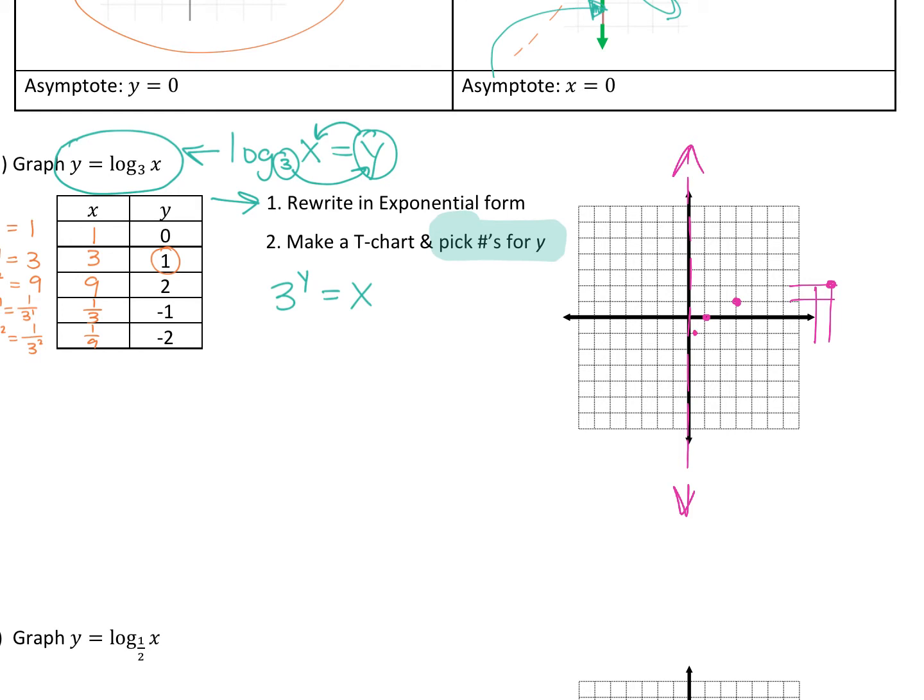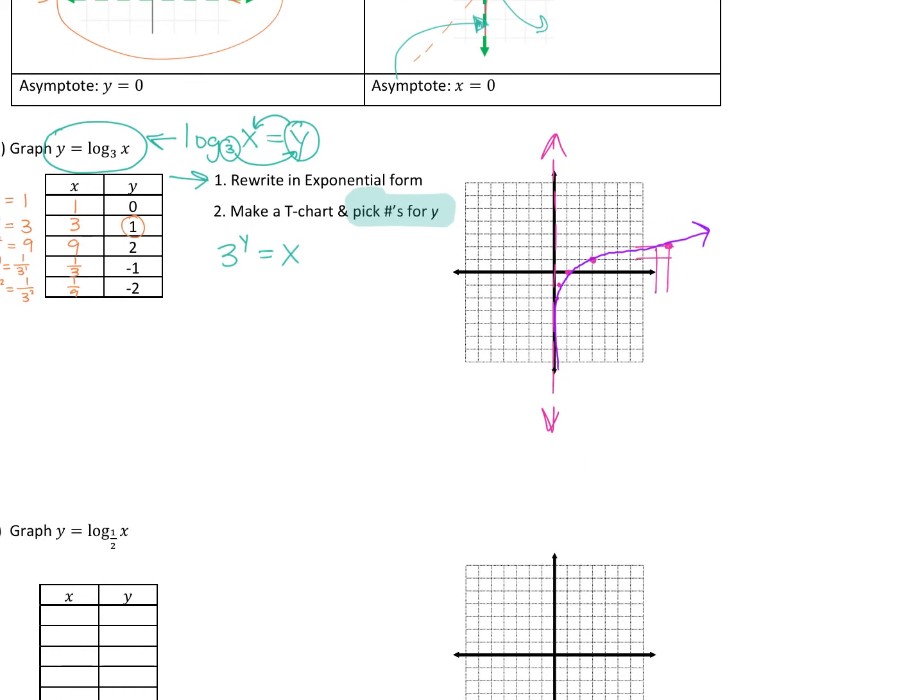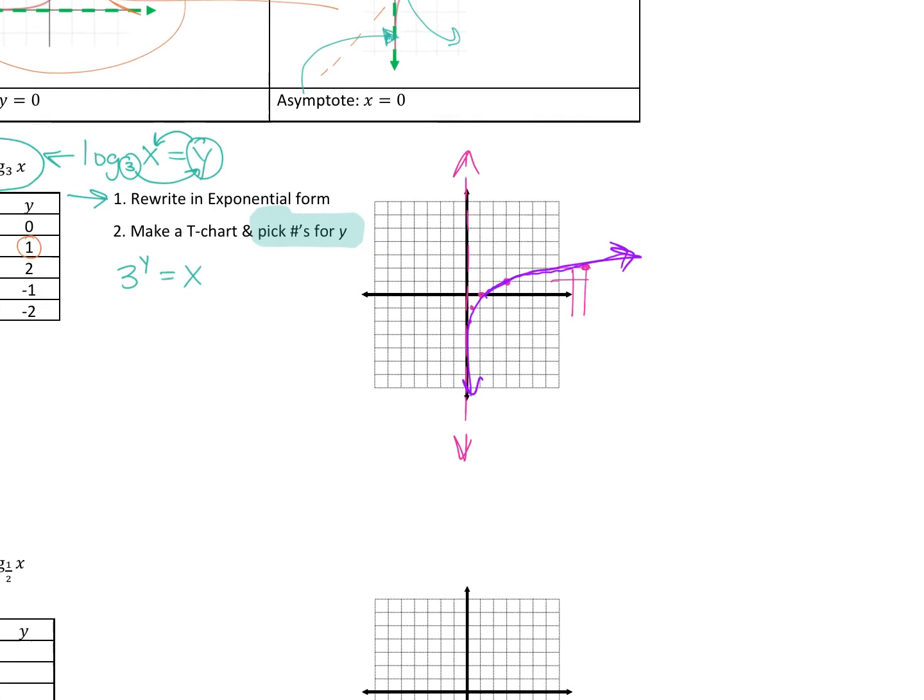And 1/9, -2 is going to be real close to the line. And then you draw that line in. So our graph looks something like that.